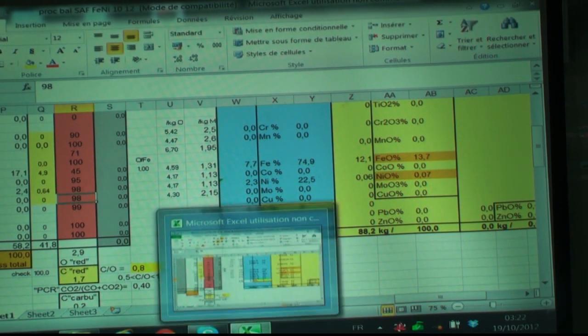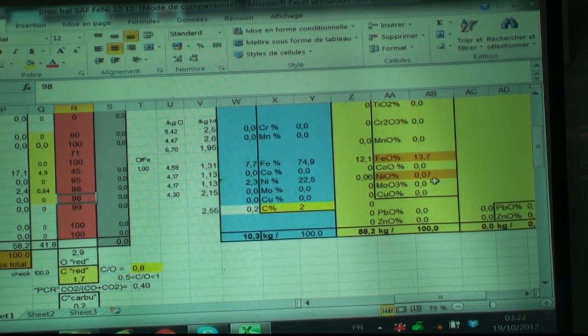We have it. You understand? What I changed, I changed the yield of nickel reduction. So when people work properly, they have this. But you see, it did not change anything here.